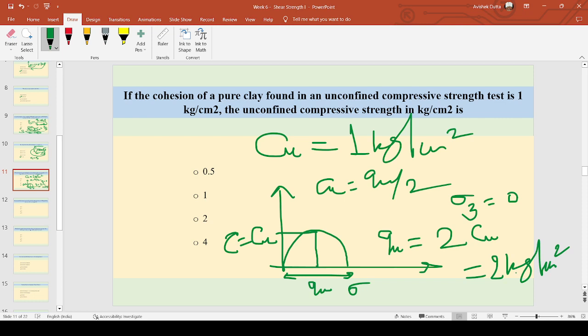So the answer of this question, the value of the unconfined compressive strength of this soil sample is 2 kg per centimeter square. I hope it is clear. I'll go to the next question.